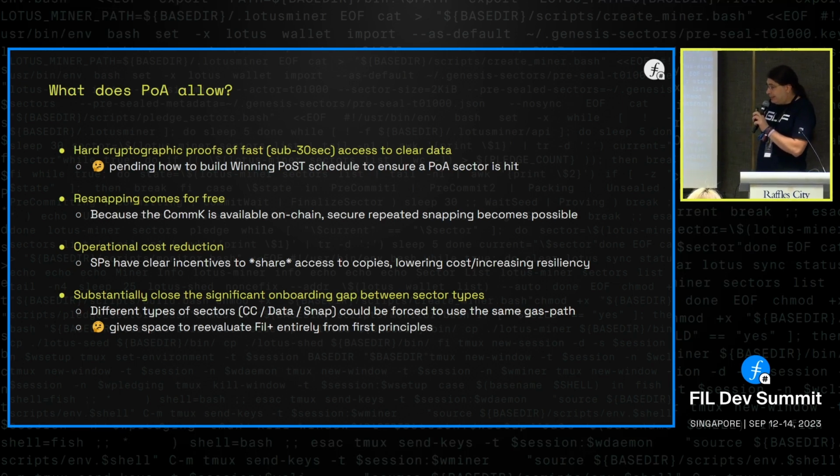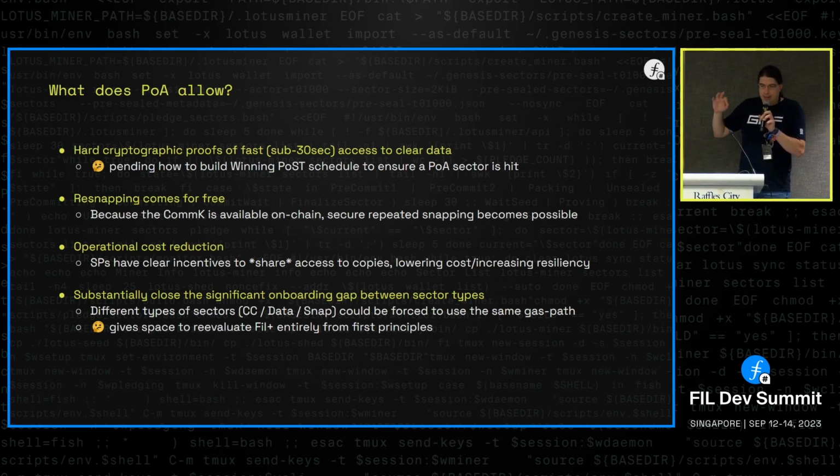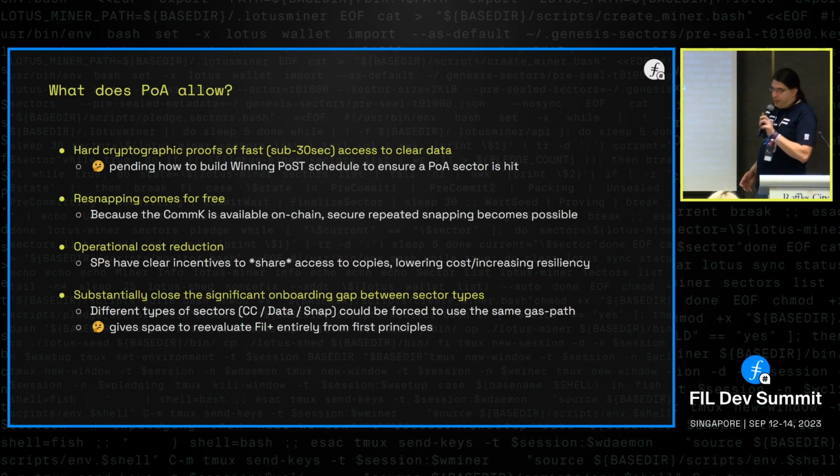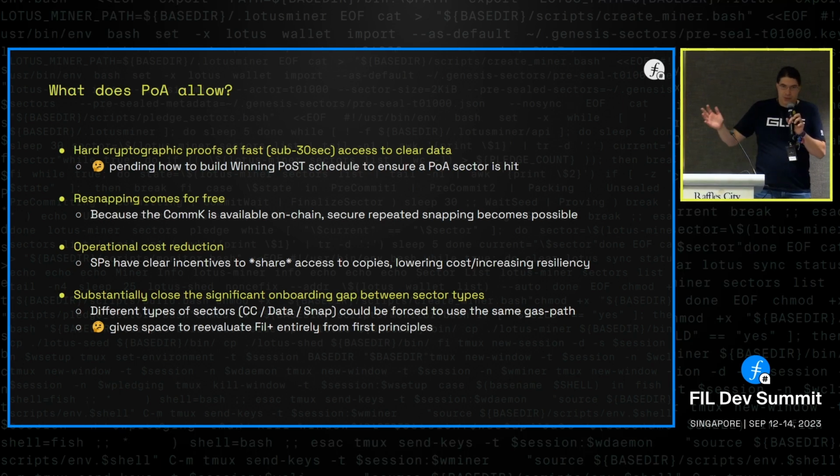And the last thing that this can do is it can very substantially close the gap between the sector onboardings. So today we talk about adding data being extra gas and so on and so forth. Resnapping is a very big problem that we have to incentivize people to do.